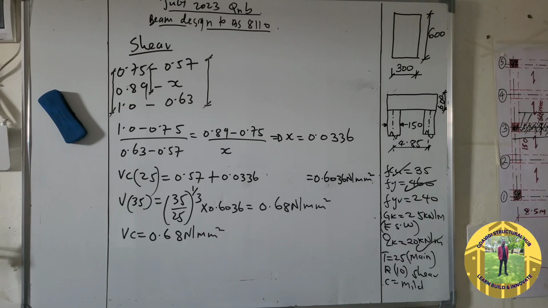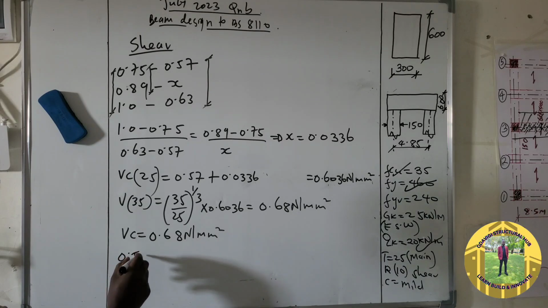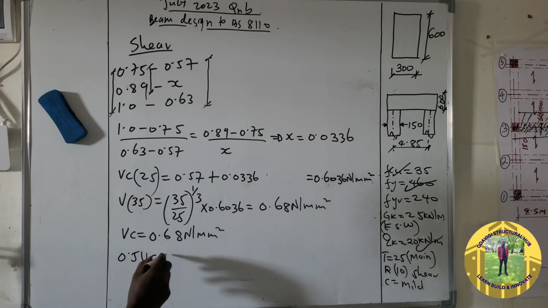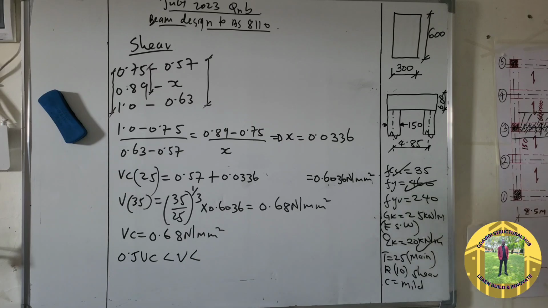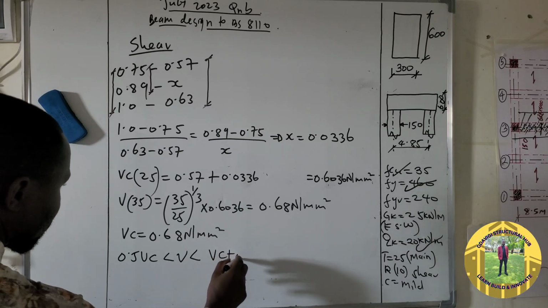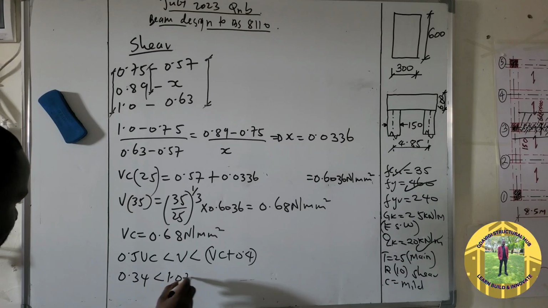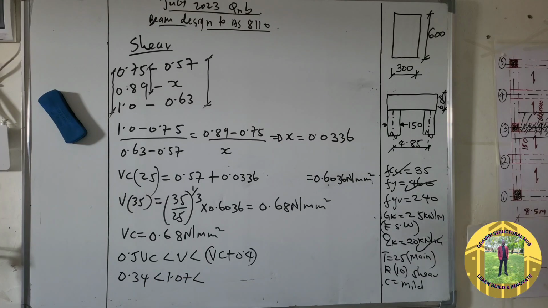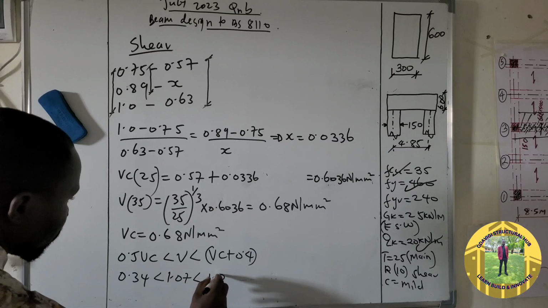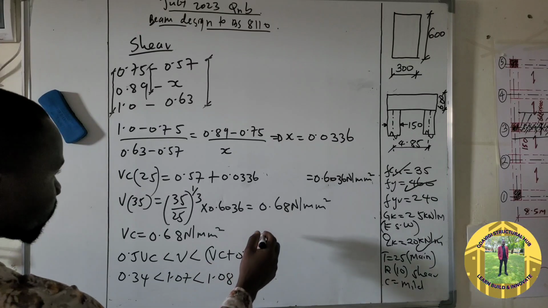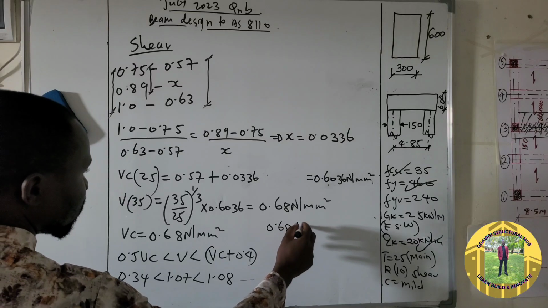So 0.5 Vc is less than v, and v is less than Vc plus 0.4. So this is 0.34 is less than v, which is 1.07, and less than 1.08. So Vc is 0.68 plus 0.4.